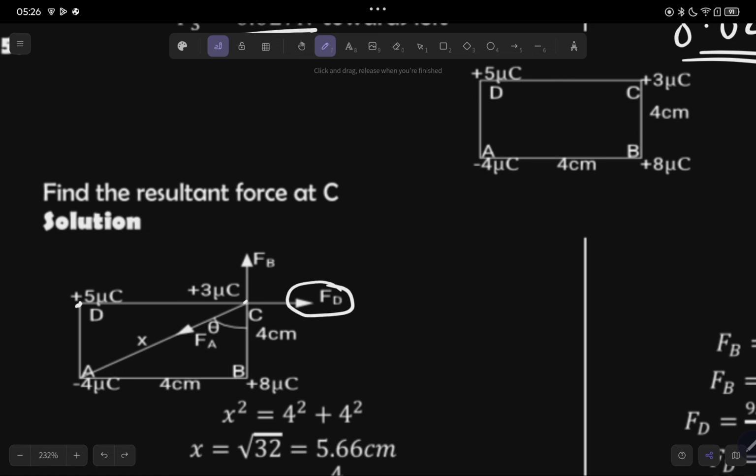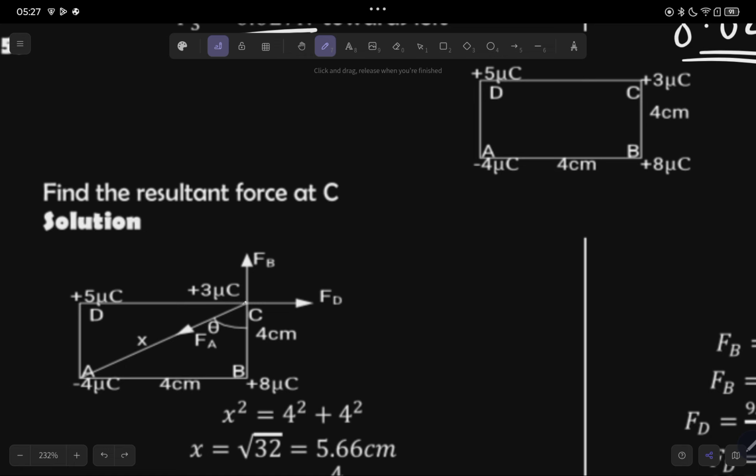So the force Fd is a repulsive force. The same thing is happening with the positive 8 microcoulomb. It's also pushing away the charge at C because they are like charges. That's why you're seeing that Fb is pointing upwards.